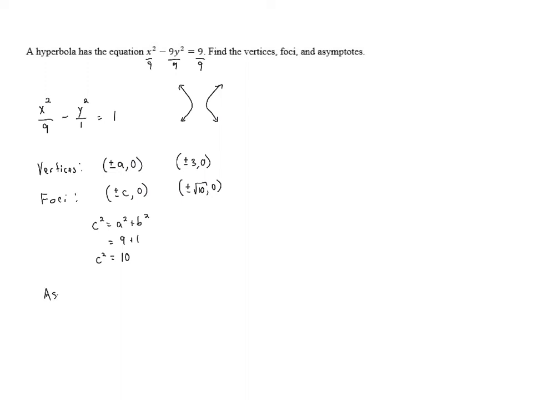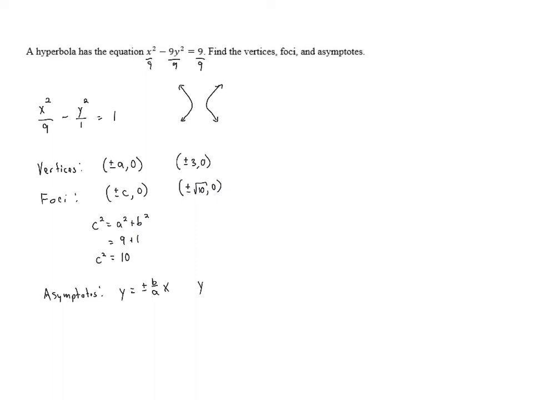Finally, for the asymptotes, we know that these are going to be the lines y equals plus or minus b over a times x. Now here we know b squared is 1, which means that b is 1, and a squared is 9, which means a is 3.